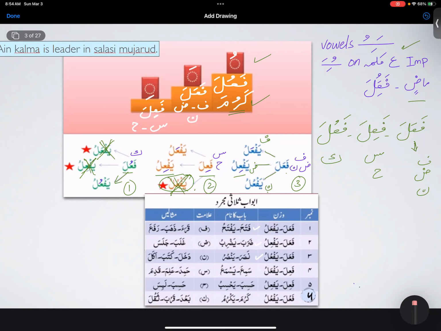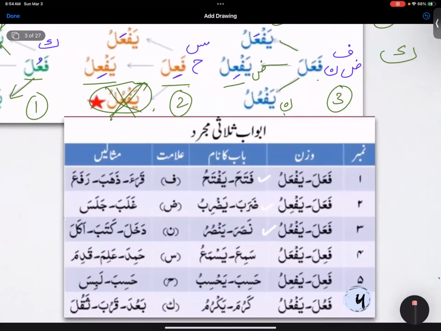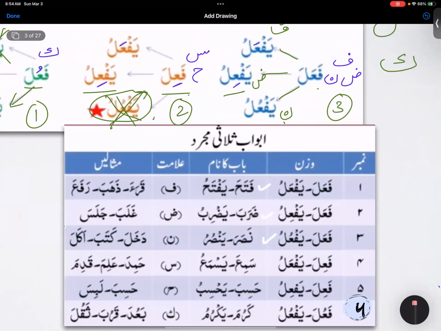So these are now thulathi mujarrad. These are 6 clans we need to memorize. So fa'ala, yaf'alu, we can call it fataha yaftahu, and then these are some examples from this family: qara'a, dhahaba, and rafa'a.